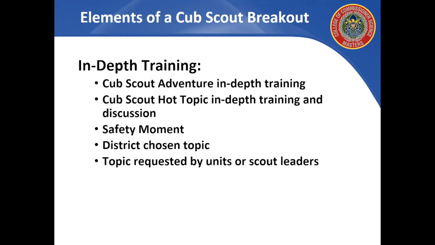So we talked about this already, but picking a particular adventure. If you have a whole group, you're not just talking to den leaders of the wolf den. Your audience may be all the den leaders, cub master, committee chairs, everyone else.